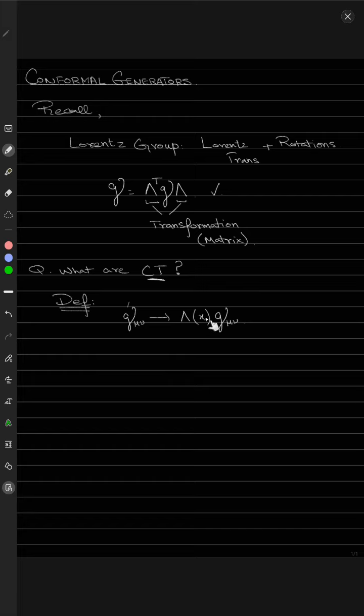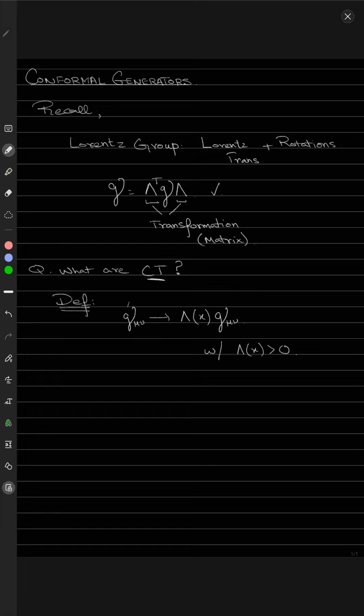Now the condition is that this transformation should not vanish the metric tensor, or make it negative, right? So the condition is lambda of x is greater than 0.